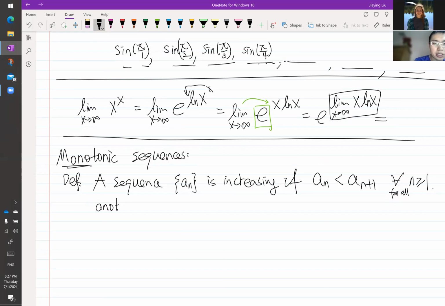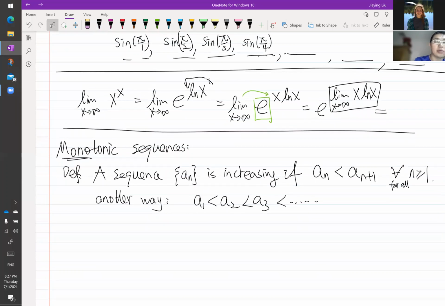Another way to see it is that a1 is always less than a2, less than a3, less than a4, and so on. So the later element is always bigger than the previous one. That's an increasing sequence.